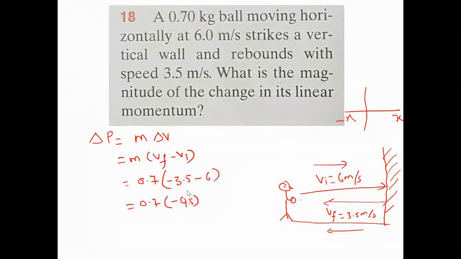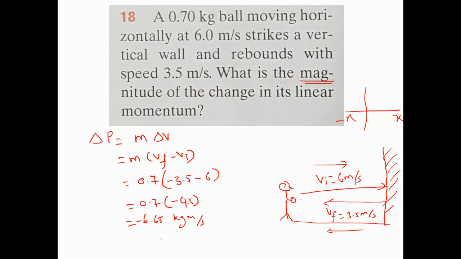So 9.5 multiplied by 0.7 gives you minus 6.65 kilogram meter per second. Am I right? But what they ask in the question is to find only the magnitude.